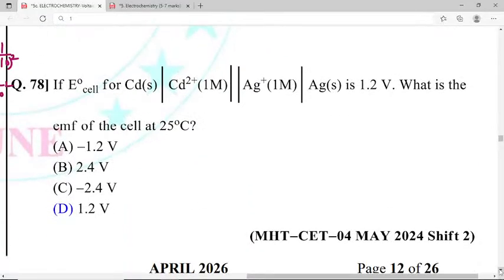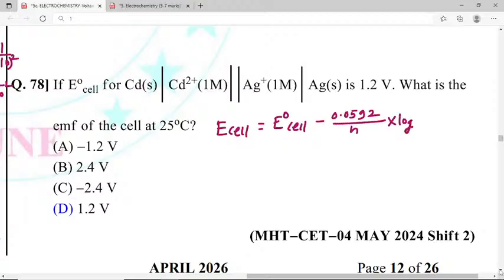E naught cell for cadmium is given. What is the EMF of the cell? So E cell is equal to E naught cell minus 0.0592 divided by n into log to the base 10 of the concentration of product by concentration of reactant. The concentrations are 1 and 1, so 1 by 1.